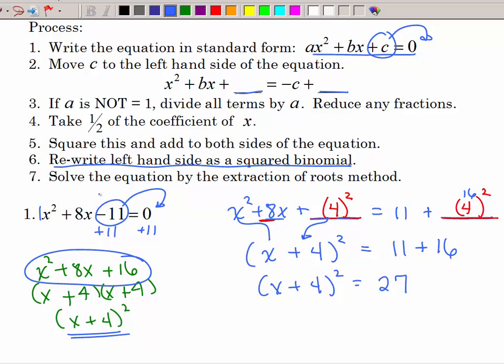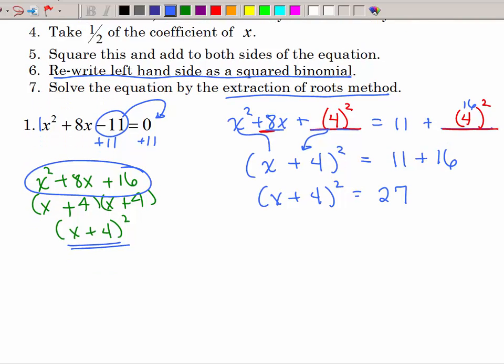Now we want to solve by the extraction of roots method. That was the previous method that we saw. So how do we do that? We want to get rid of that square, so we want to take the square root of both sides, and remember our plus or minus sign. We want to simplify that square root, so that's 3 times the square root of 3, since the square root of 9 is 3.